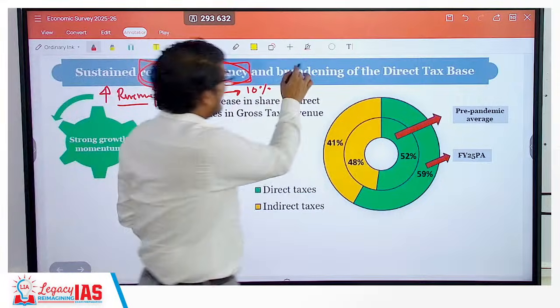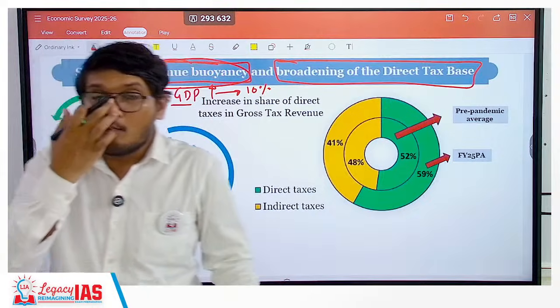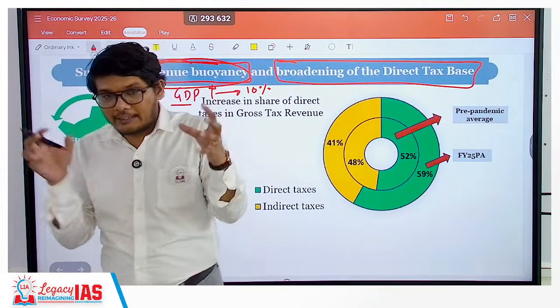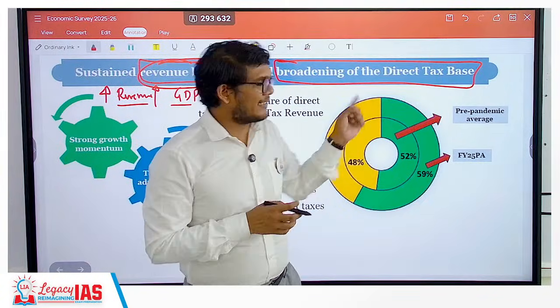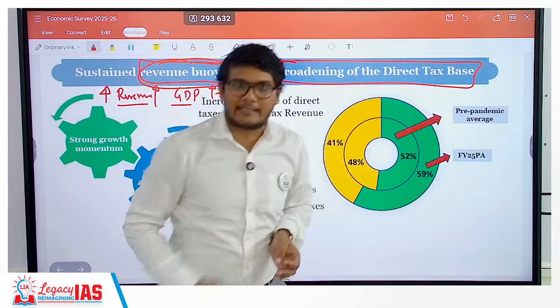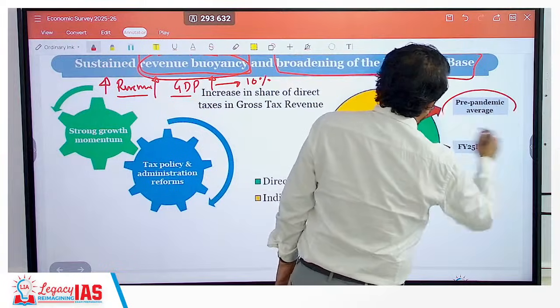Plus, India's direct tax base is broadening. Broadening means more and more people are paying the direct taxes now. At the same time, the percentage of direct tax in the total tax collection is now increasing, which is given by this pie chart. So this is your pre-pandemic average.